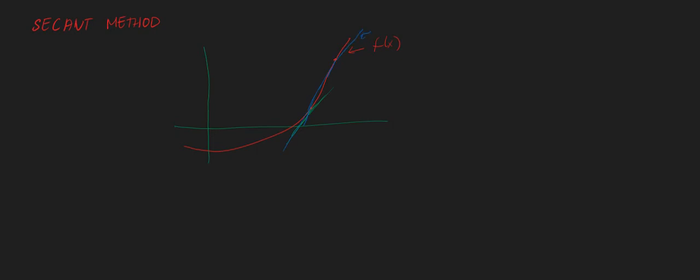So this is our slope of the secant line, while the green one here is the tangent line.